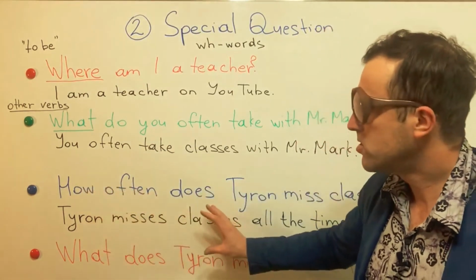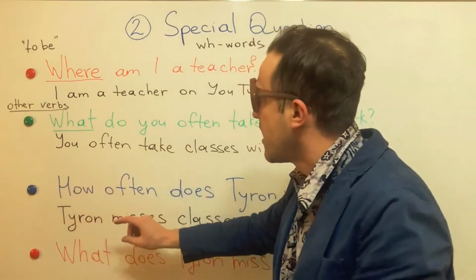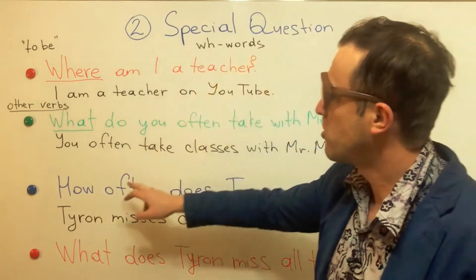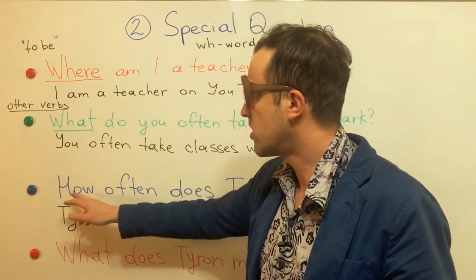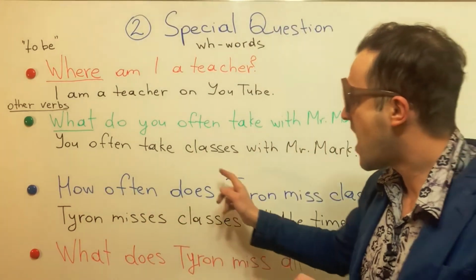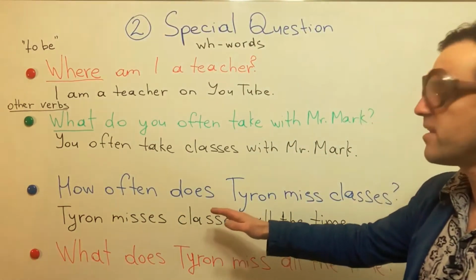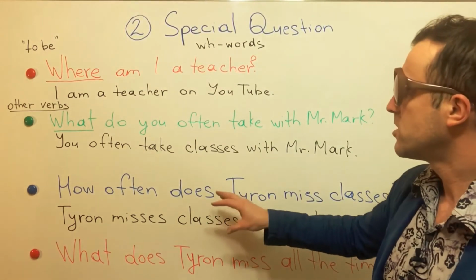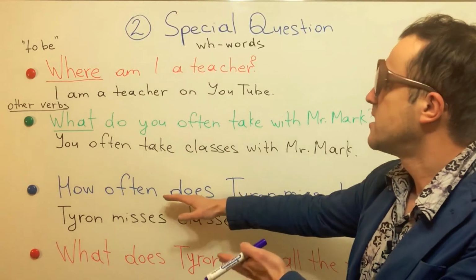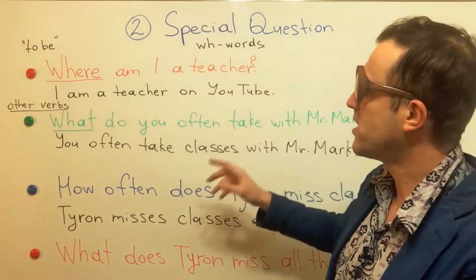So we put how often, how, it's also like a WH word, it contains W and H. How often does Tyrone miss classes? So you remember the question, does Tyrone miss classes with Mr. Mark? But we just put this here, the same general question to the special question here.